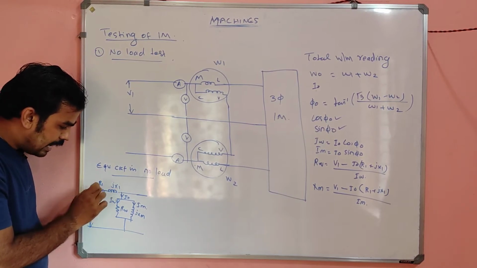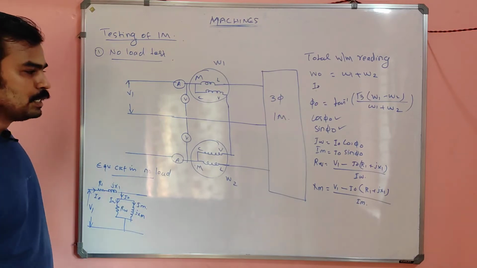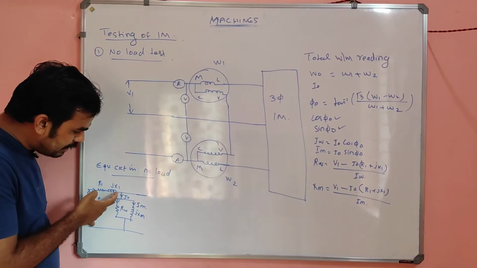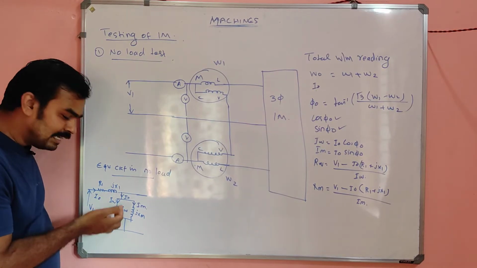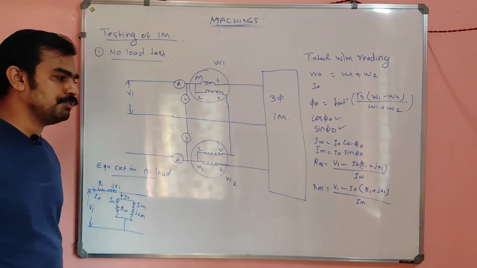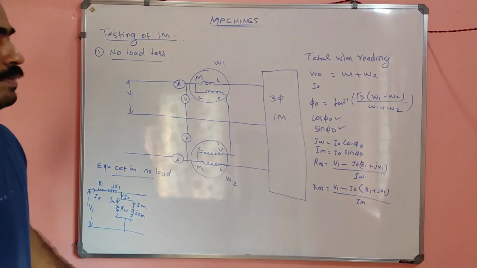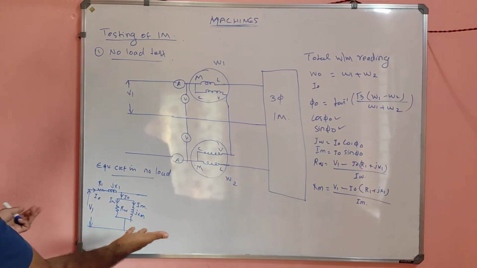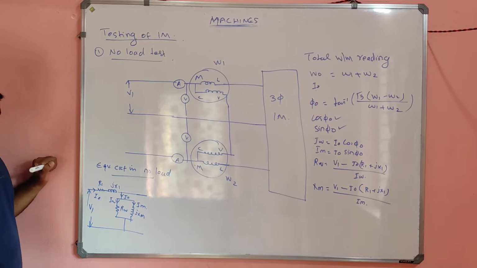The drop across R1 plus jX1 is I0 into (R1 plus jX1). So the remaining voltage will be available across this portion. That voltage divided by IW will give the value of RW. Similarly, you will have Xm equal to V1 minus I0 into (R1 plus jX1), divided by IM. You will have the value of Xm also. So you found all the parameters, correct?